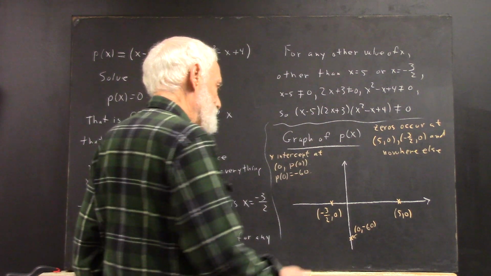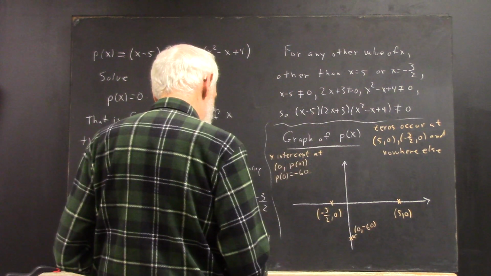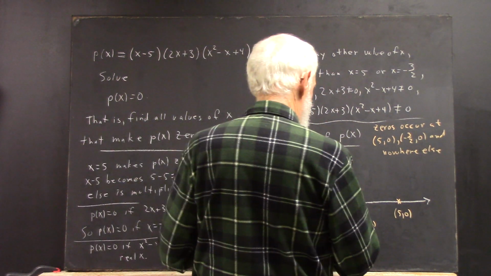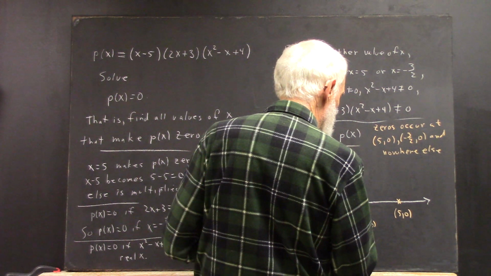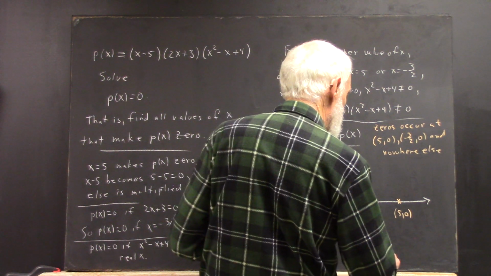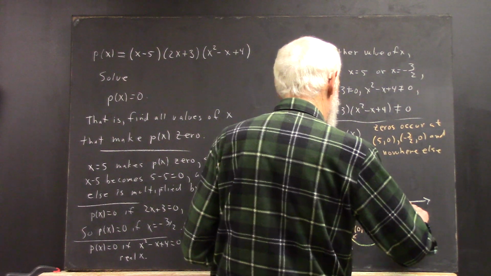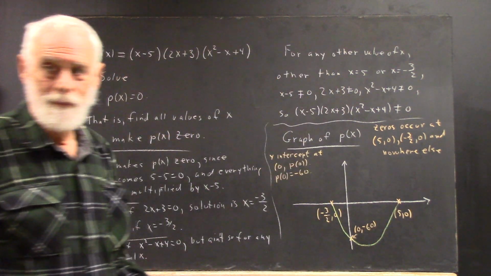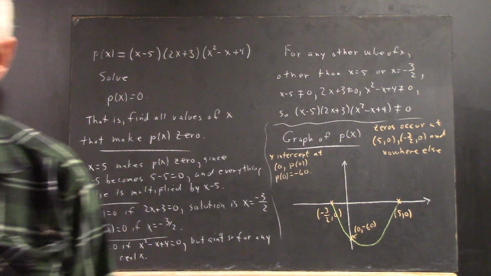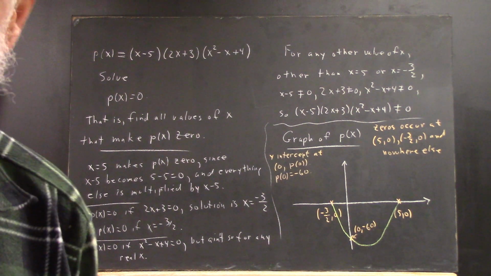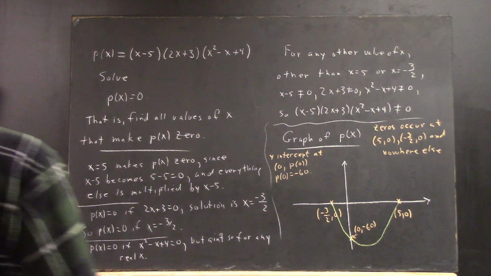Now, that's an argument I'm not going to be responsible for right now. But for that reason, we figure the graph goes down through here, turns around, and comes back up through here. Okay? Got to do something like that. It's going to hit a low point someplace.